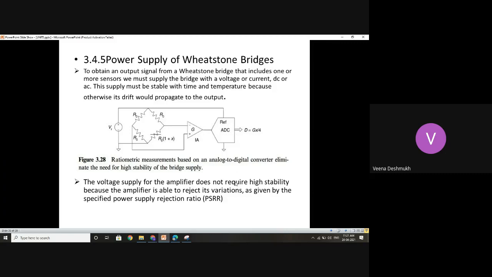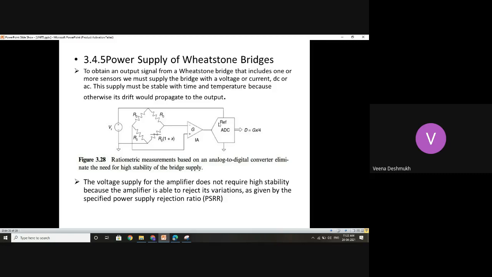In case ratiometric ADCs are not used, then what is the caution that is to be taken? Under such cases, as I mentioned earlier, the reference points are always monitored. And there is one more aspect with operational amplifiers, that is power supply rejection ratio.